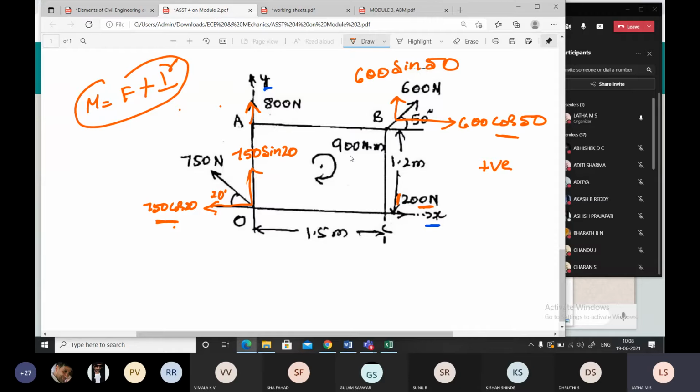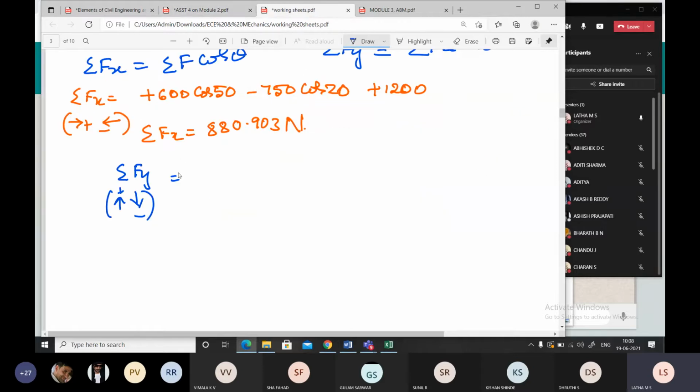The horizontal force will not contribute to the vertical component. Now give me the expression quickly. Plus 600 sin 50, ma'am. Plus 750 sin 20. Then plus 800, ma'am.